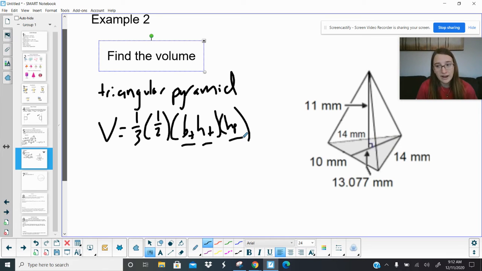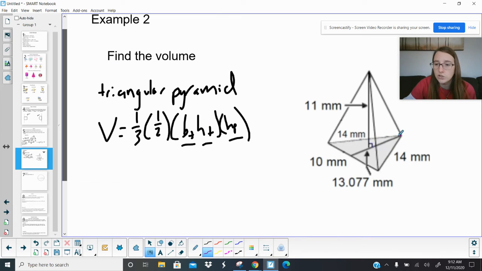So we do have to be careful here about what our variables stand for. When we're talking about the base of the triangle and the height of the triangle, we are referring to the triangle it sits on. So we have 10, 13.077, kind of a weird number, and 14 and 14.